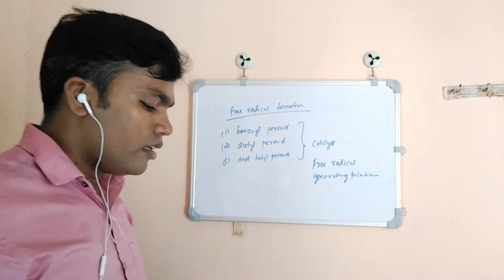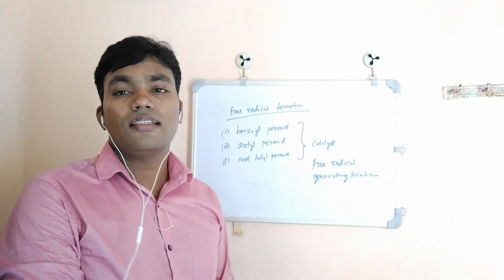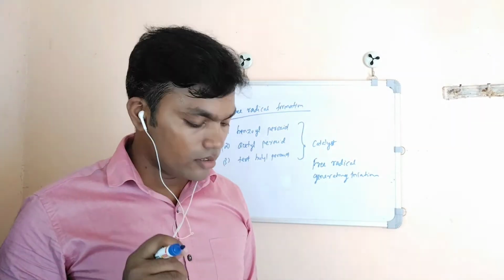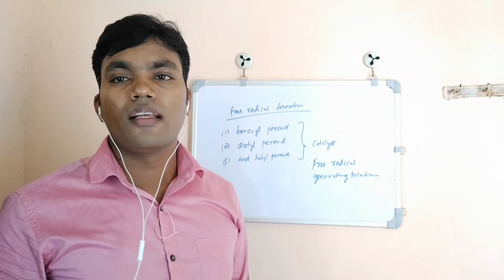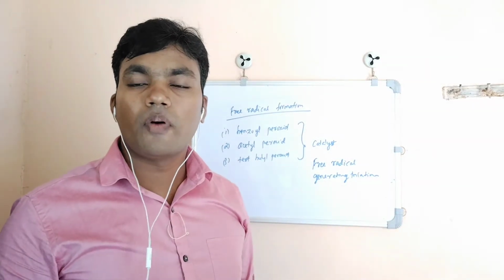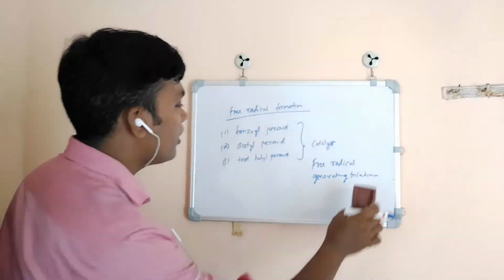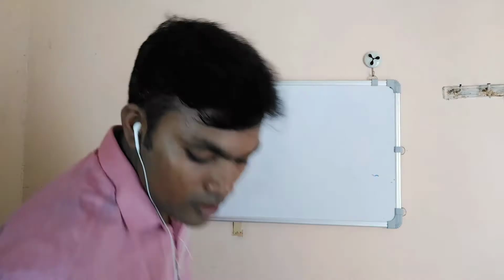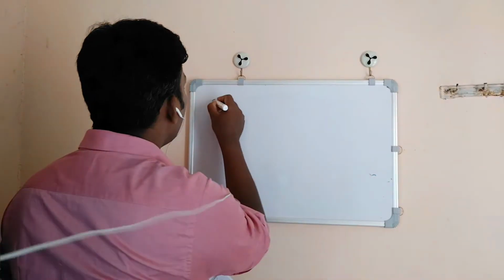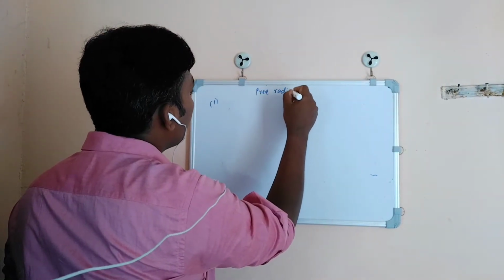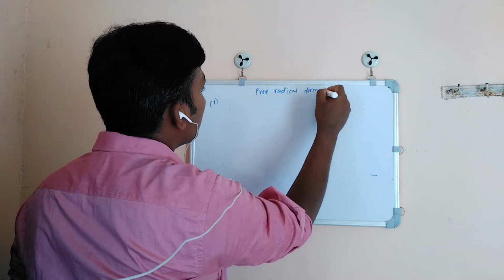In the free radical formation reactions, in general, three steps are involved. First one is chain initiation step, second chain propagation step, third chain termination step. Three steps are involved in these free radical polymerization reactions. First, the chain initiation step, free radical formation.